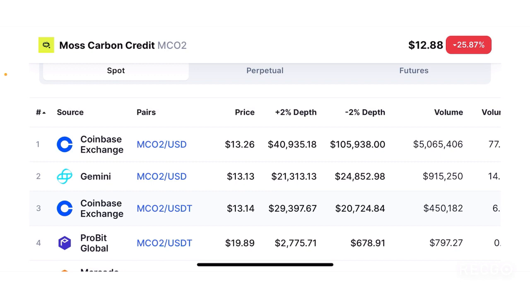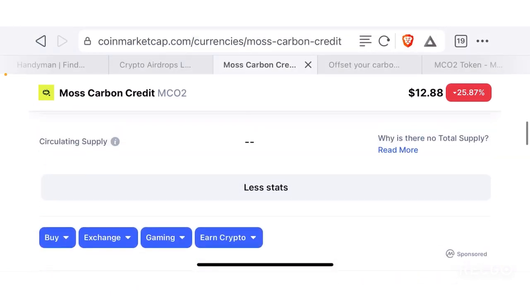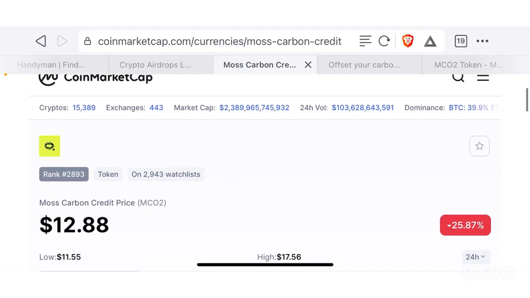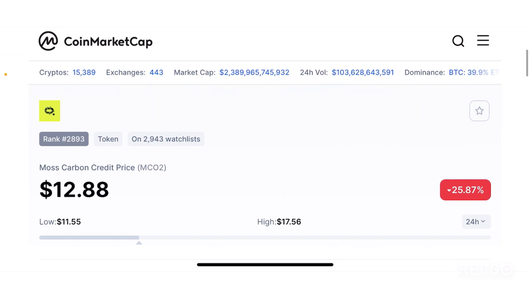But compared to several other projects, I don't think this project would make multiple X's. Maybe the best it will do is $20 to $25 in the next 5 to 7 years' time, right? But when it comes to long-term potential, I think this project has good potential for the foreseeable future, as long as it continues to innovate and does creative things like this, right?